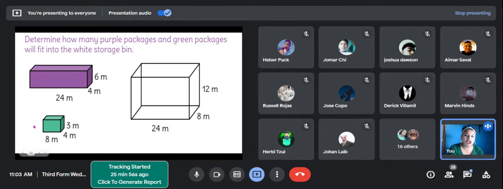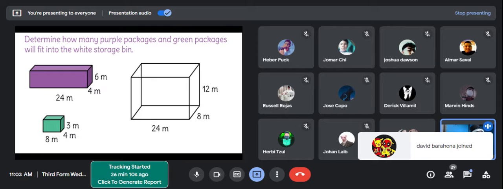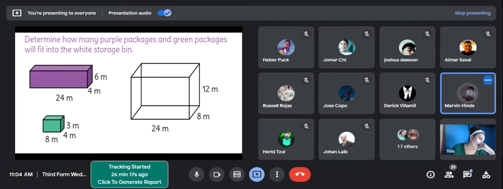Just by looking at this question and listening to what it's asking you to do, what do you have to do? If they give you a box and tell you, find out how many of these small ones fit into this one, what are the steps that you would have to do for this question? Means you have to find the area of these small ones.